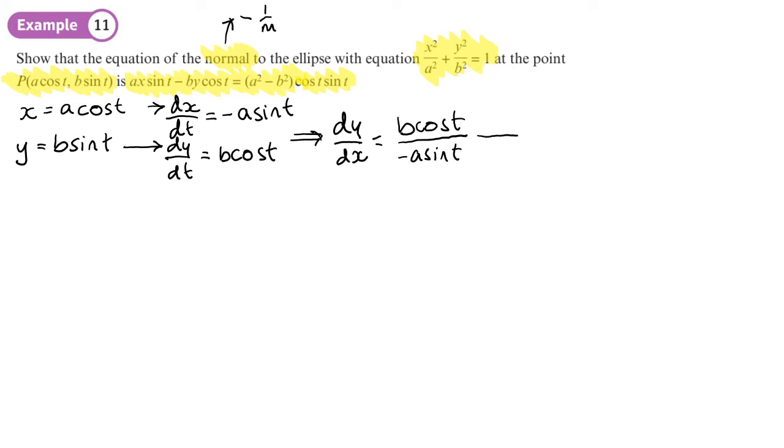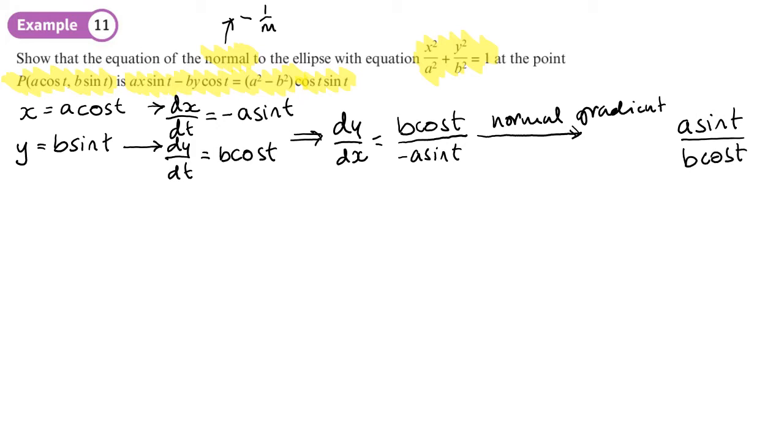Now we want the gradient of the normal, which means we need to flip this one and change its sign, a negative reciprocal. So the gradient of the normal is going to be, so I put normal gradient here, we get rid of the minus sign and it will just be a sine t over b cos t.